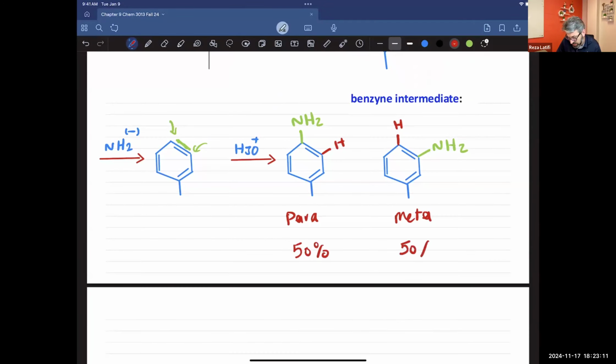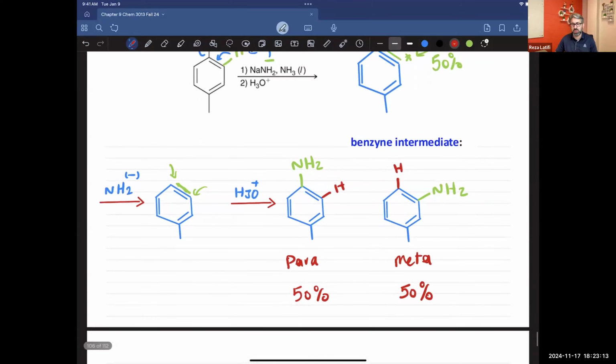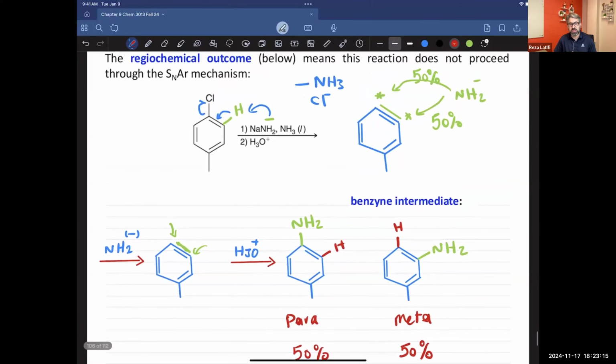because the methyl group is not that bulky to generate too much steric effect. And this is the reason why whenever we treat parachlorotoluene with a strong base, we get two products, because we get a benzyne intermediate, and that intermediate has two almost identical carbons.